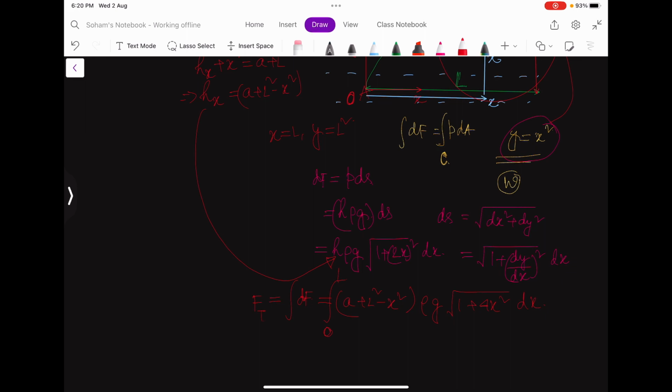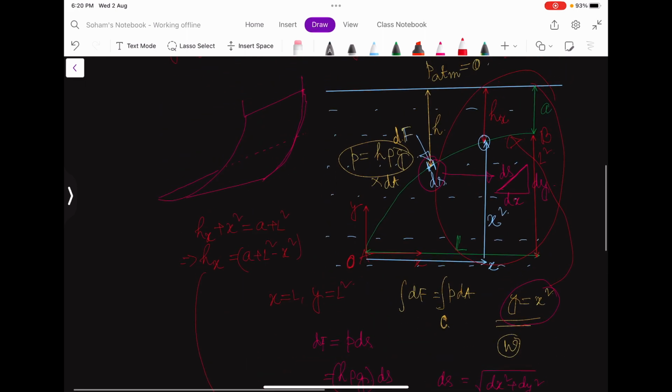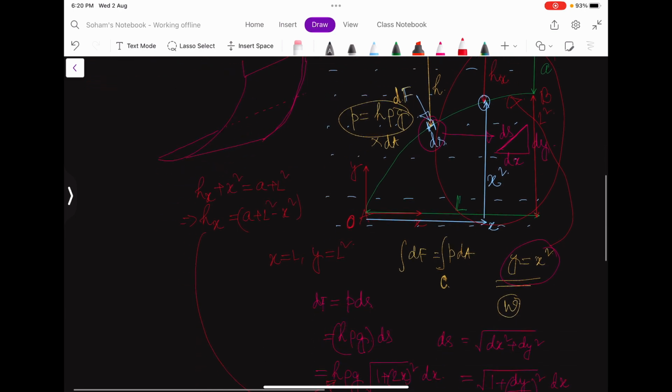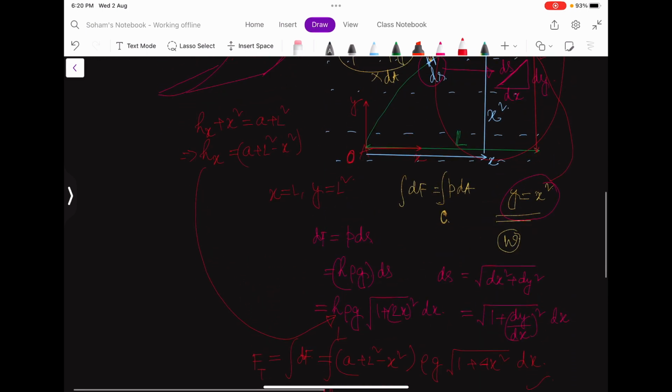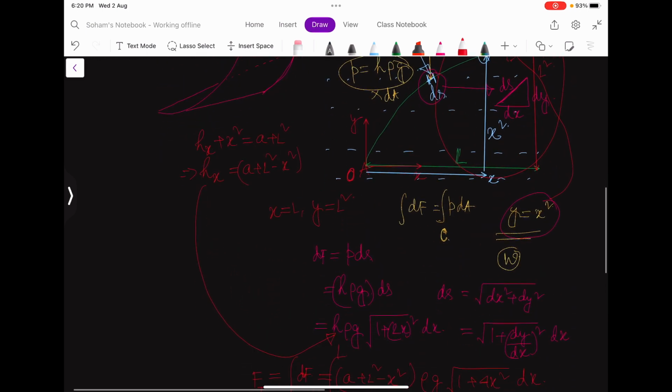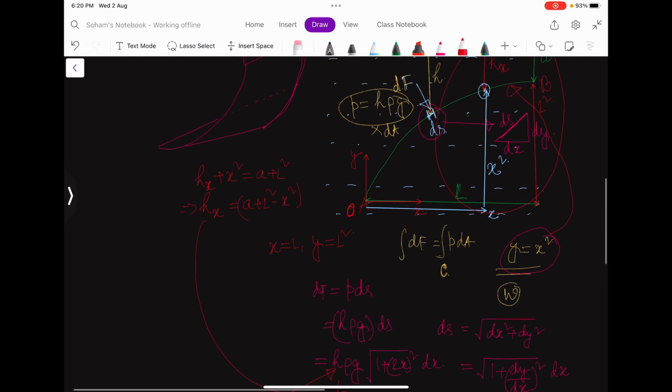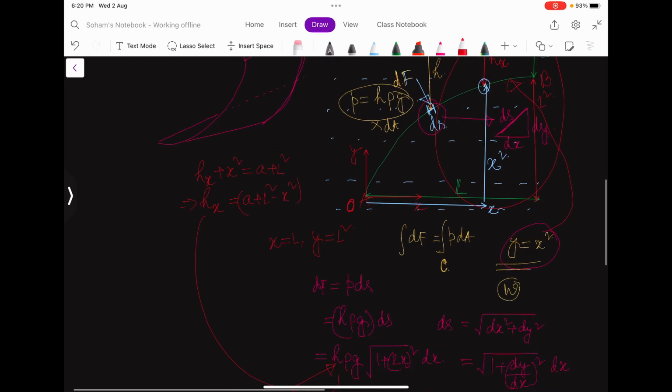So this was one of the formulations, one of the ways to find the net force on a curved surface by integration. And let me tell you that you have to develop your own mathematical sense like this. I have formed this mathematical problem right now here.